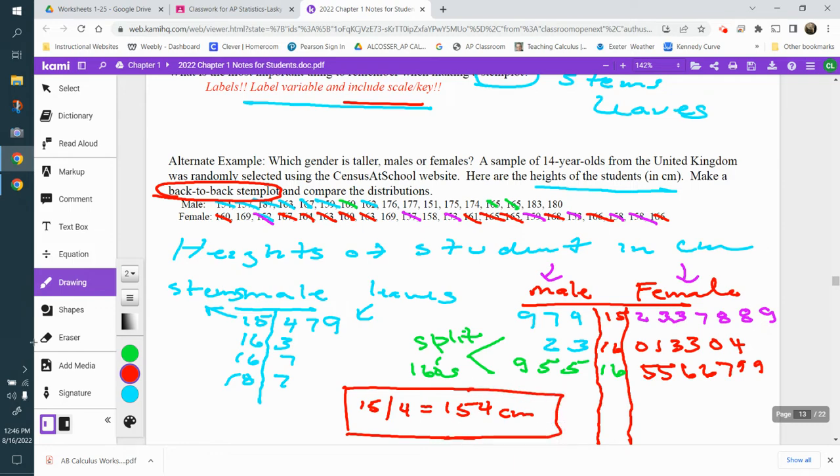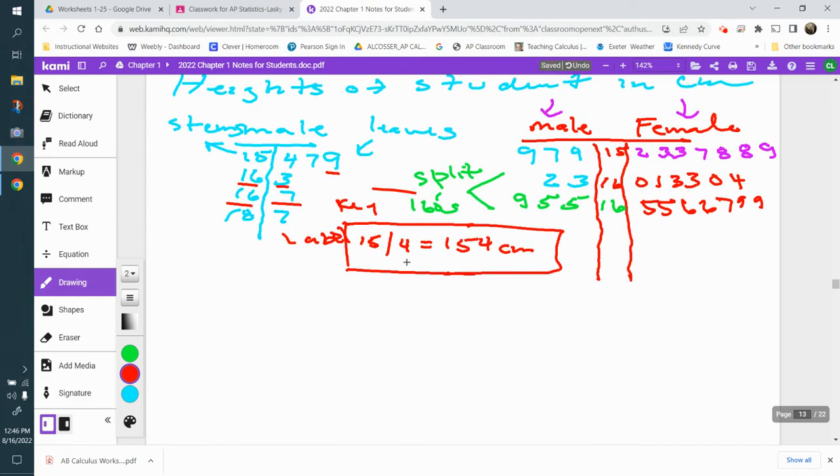That means anytime I see this, I know that 15|4 is 154 centimeters, 157 centimeters, 159 centimeters, 163 centimeters, 167 centimeters. So we can split things, we can do whatever, but the key, you got to have a label, a key and a label. Okay? So keys and labels are very, very important.